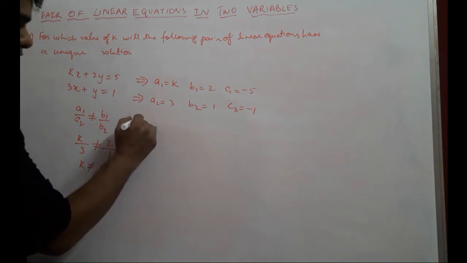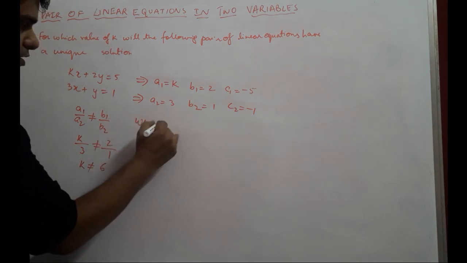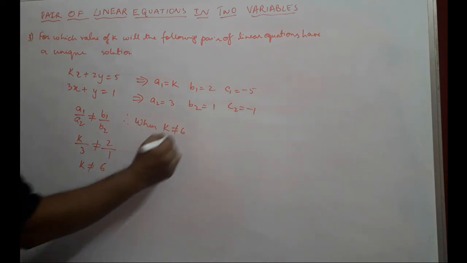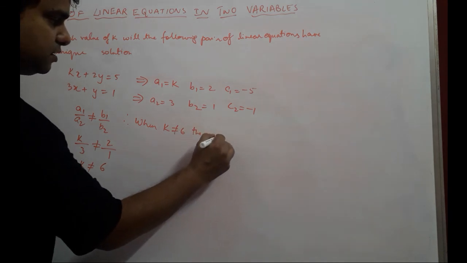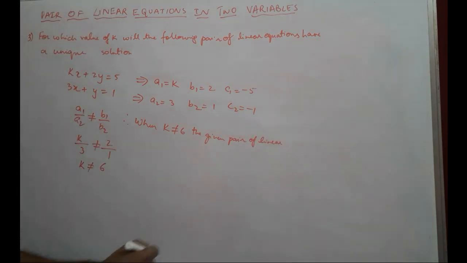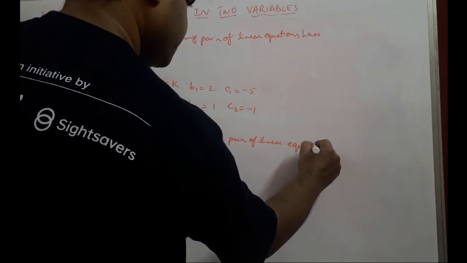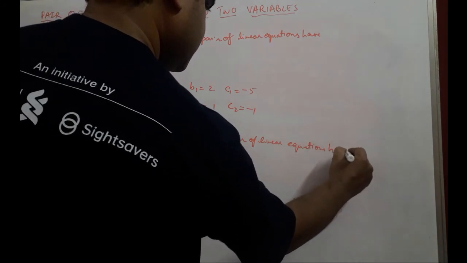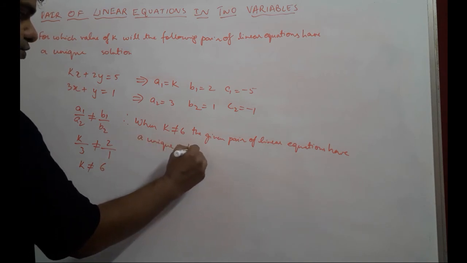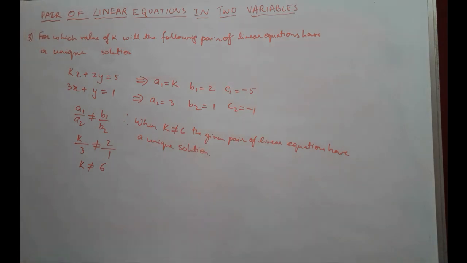So we can say therefore when k is not equal to 6, the given pair of linear equations have a unique solution. Okay, so this is fulfilling the condition of a unique solution, and we needed to find the value of k when we get the unique solution.